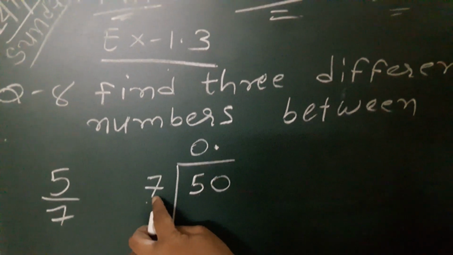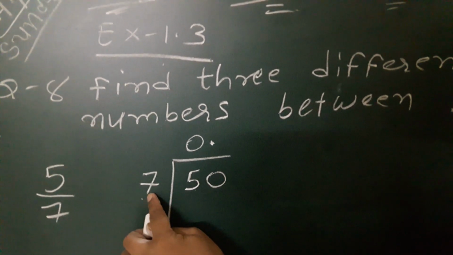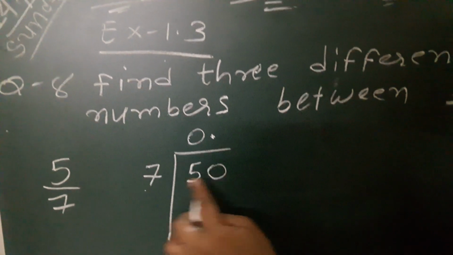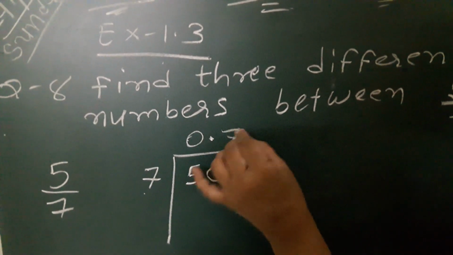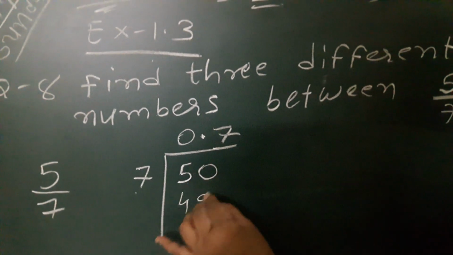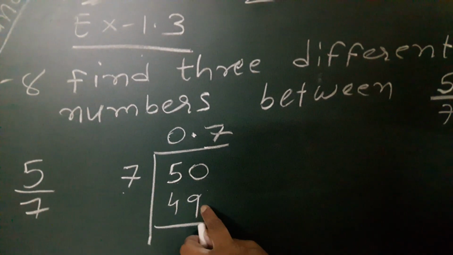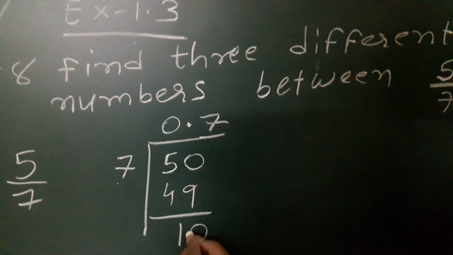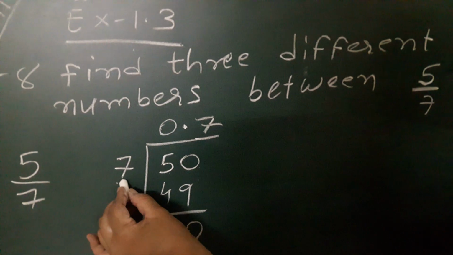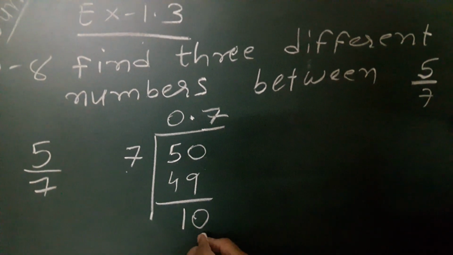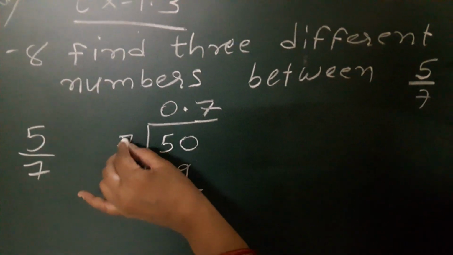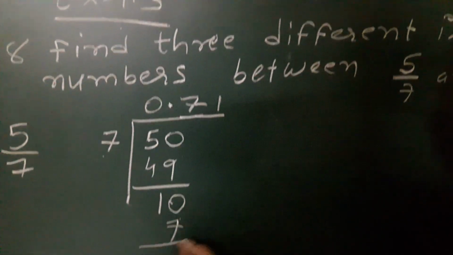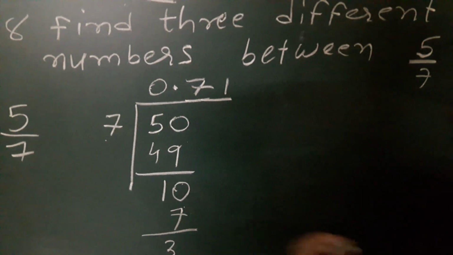Now in the table of 7, 7 8s are 56, which is greater than 50. So 7 7s are 49. 50 minus 49, 1. Here there is a decimal point, so we can put 10. 7 2s are 14, which is greater than 10. So we take 7 1s are 7. Now 10 minus 7, 3.